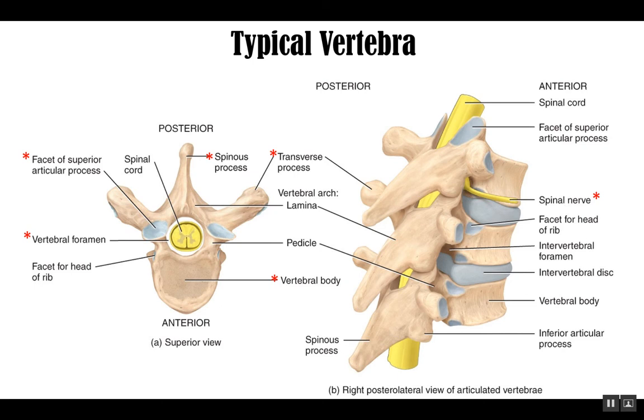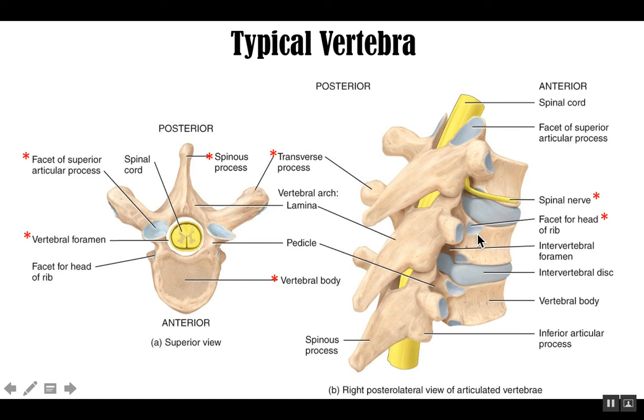These spinal nerves gain access to the spinal cord through holes formed when two vertebrae come together. So those holes are called intervertebral foramen. An intervertebral foramen is formed in between vertebrae. So that's the important difference between these foramen and the vertebral foramen.